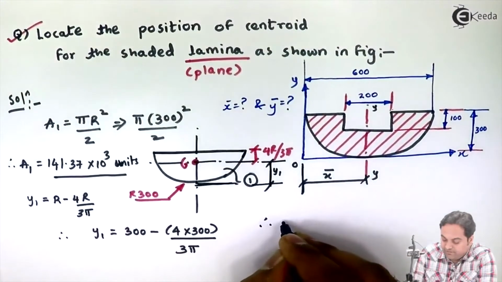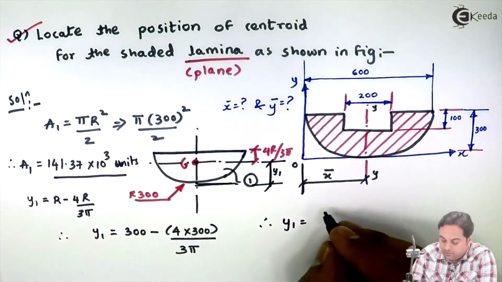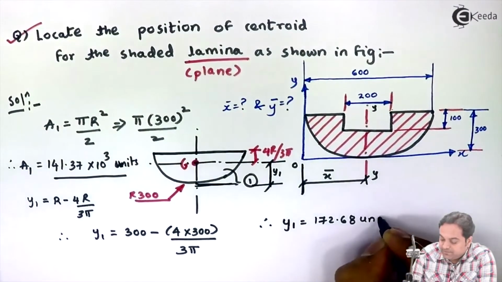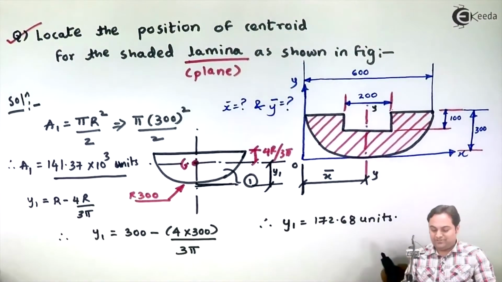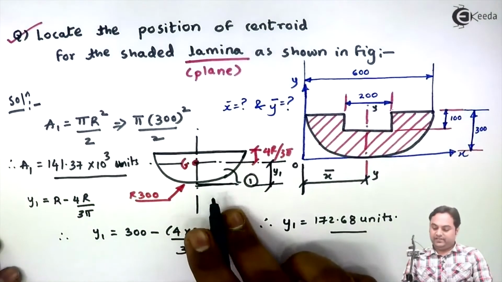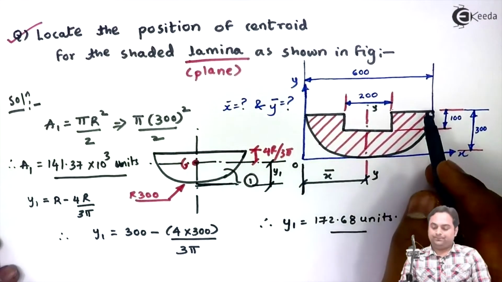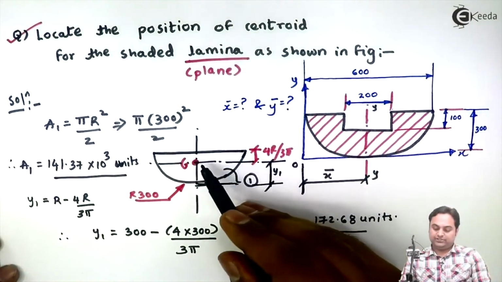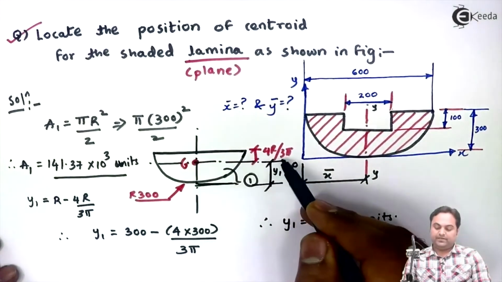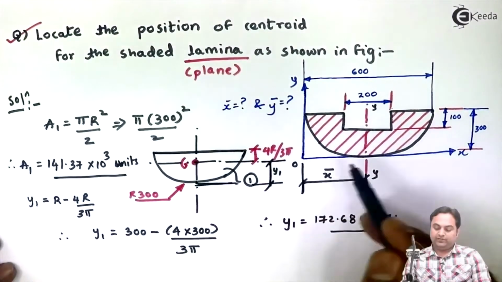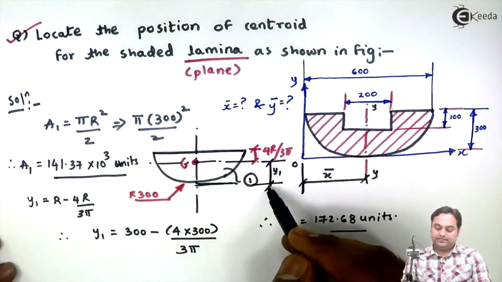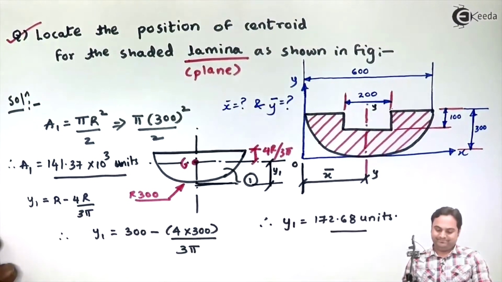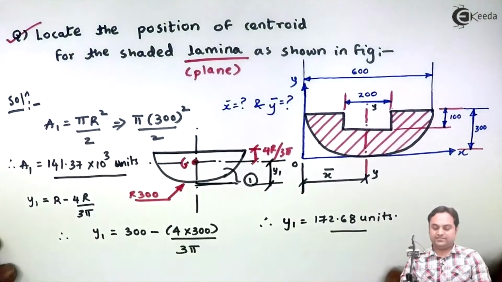So therefore, y1 value will be 172.68 units. I hope you all have understood the calculation of y1. It is really simple, semicircular portion, and I know from the diameter for the semicircular portion centroid is located at 4r upon 3 pi distance, but when I want to find out the distance from the origin, it is r minus 4r upon 3 pi. So the answer is 172.68.